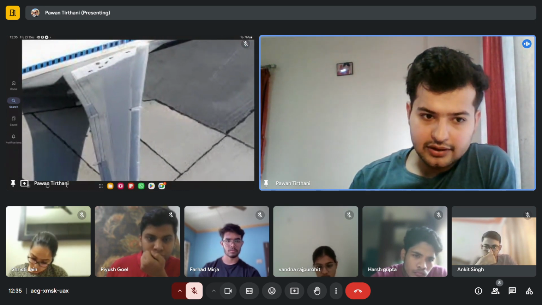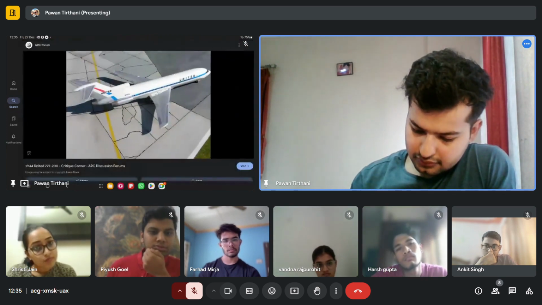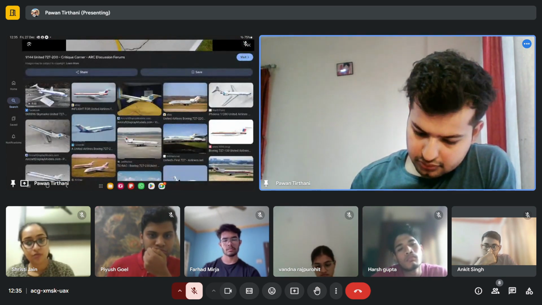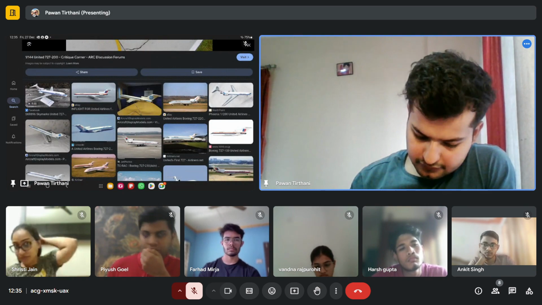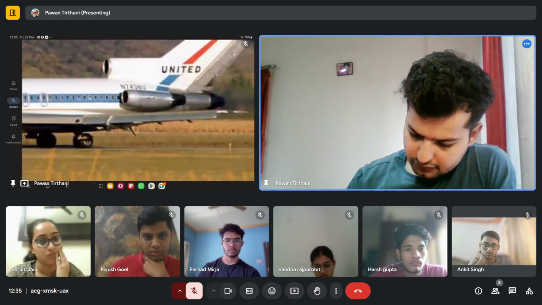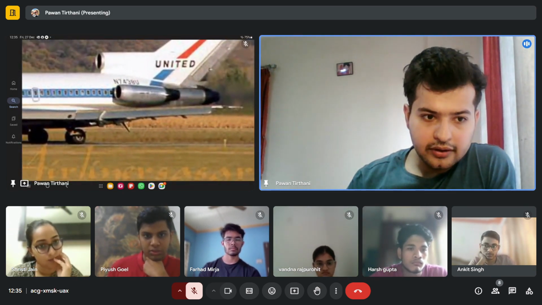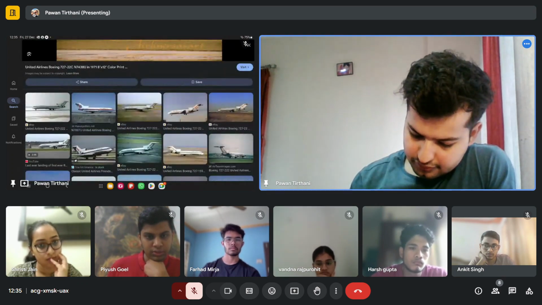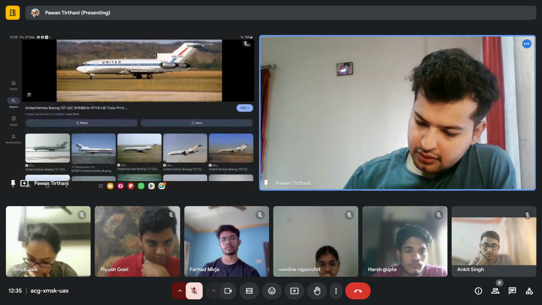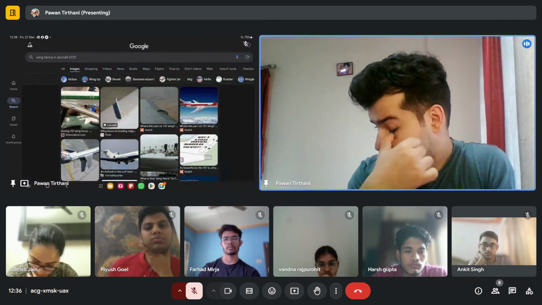Center of the screen. That's the wing fence. ठीक है? दिख रहा है? दिख रहा है। अच्छा. Okay, what else do we have? We have vortex generators.